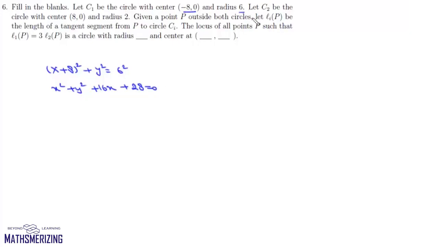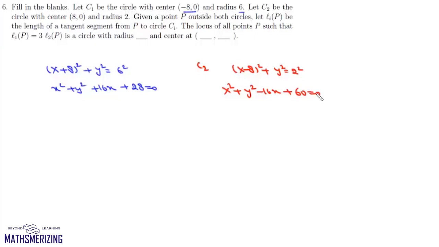And then we have this second circle C2 with center at 8, 0 and radius 2. So it will be (x minus 8) square plus y square equals 2 square. So it will be x square plus y square minus 16x plus 64 minus 4, which is 60, equals 0.